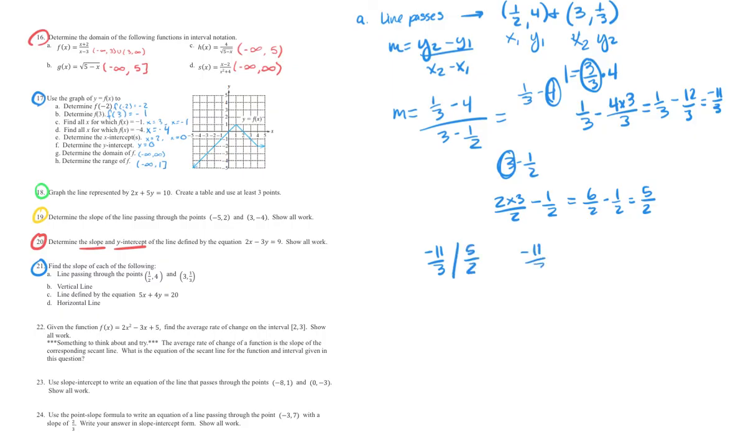We can do keep, change, flip: we keep the first one, change the division to a multiply symbol, and flip the second fraction. If we multiply those, we get negative 22 over 15. Now we know that our slope will be negative 22 over 15.